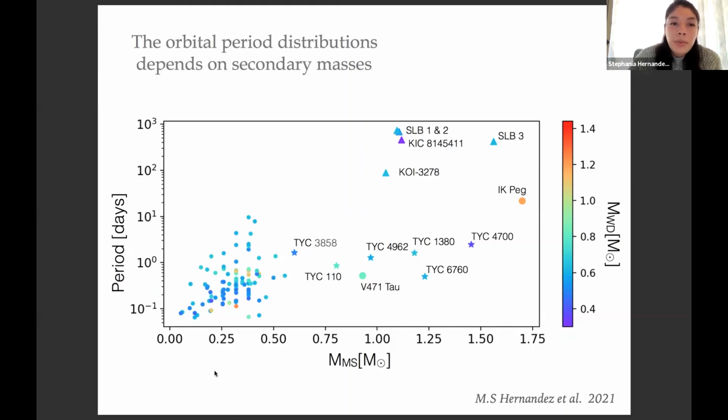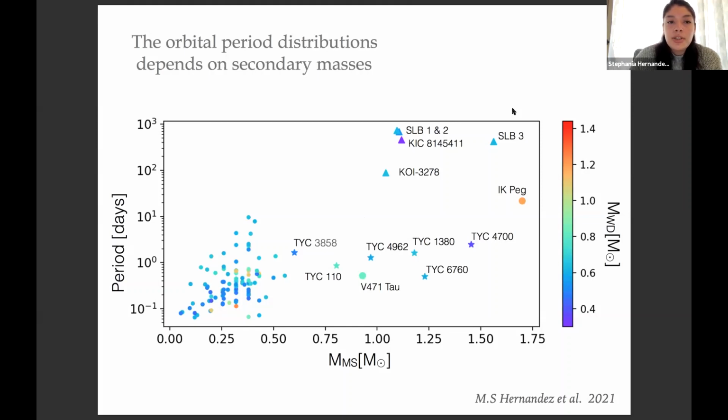One of the populations is with short orbital periods under 10 days and circular orbits, the same as post-common envelope binaries with dwarf secondaries, and the other population is with long orbital periods up to 800 days, and some of them have eccentric orbits.